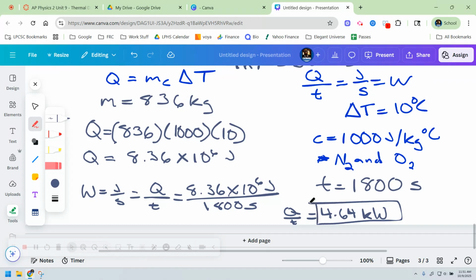Now that's per half hour, so it's a little more than 9 kilowatts an hour to do that. So there's that. So what does all this mean? That the rate of heat transfer is equal to the power consumed by about 46 100-watt light bulbs.